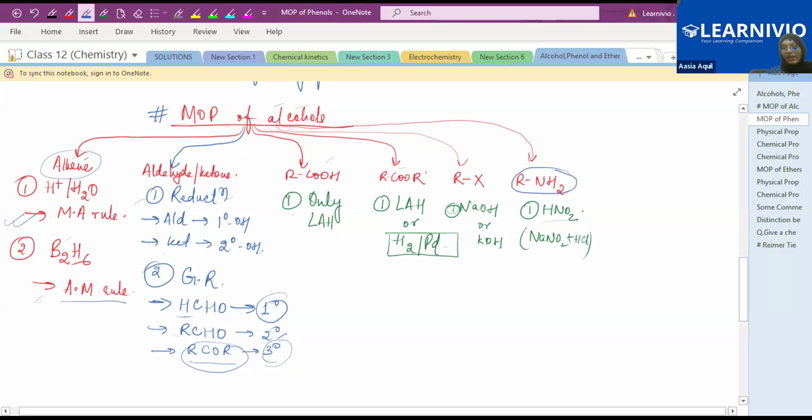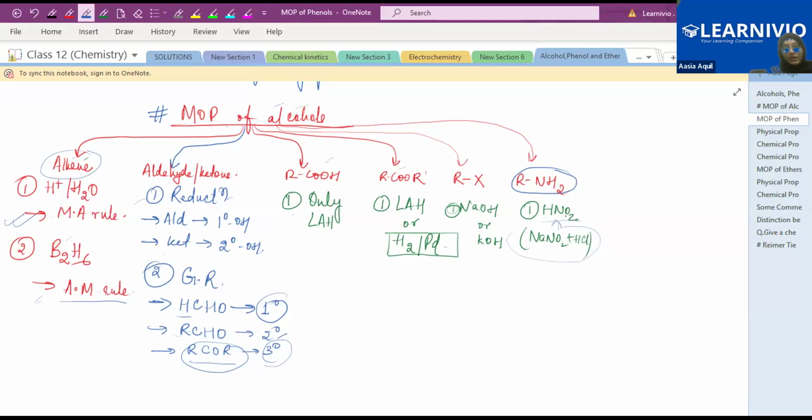We use HNO2, nitrous acid, from NaNO2 plus HCl. This combination will give you HNO2. On treatment with RNH2, it will give you the corresponding alcohol plus N2 gas plus water. So this is the summary of what we have done till now.